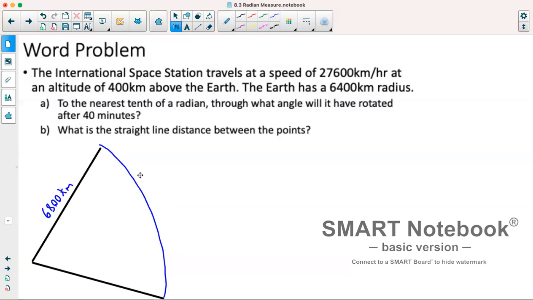Now, we have our velocity and time, so we can actually figure out our arc length, because we can get our distance by taking our velocity times time. So we have 27,600 kilometers per hour times, we want this in hours, so that'd be 2/3 of an hour. Hours are going to cancel out. So that gives us 18,400 kilometers.